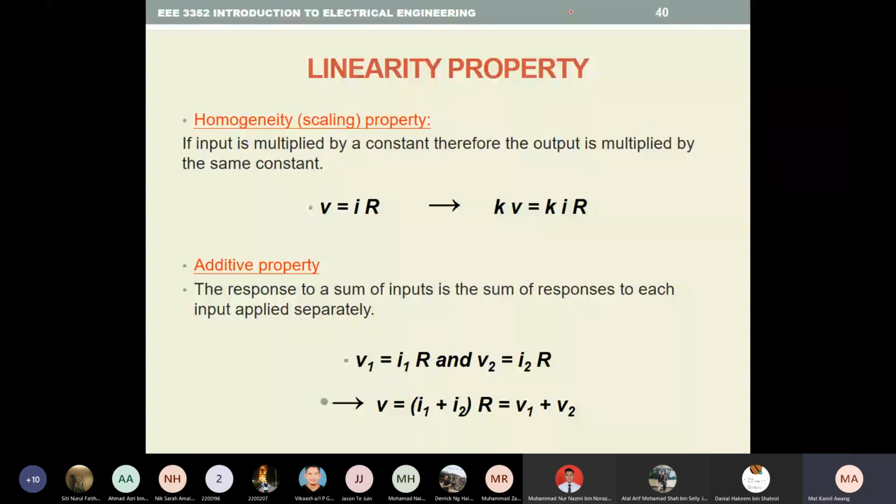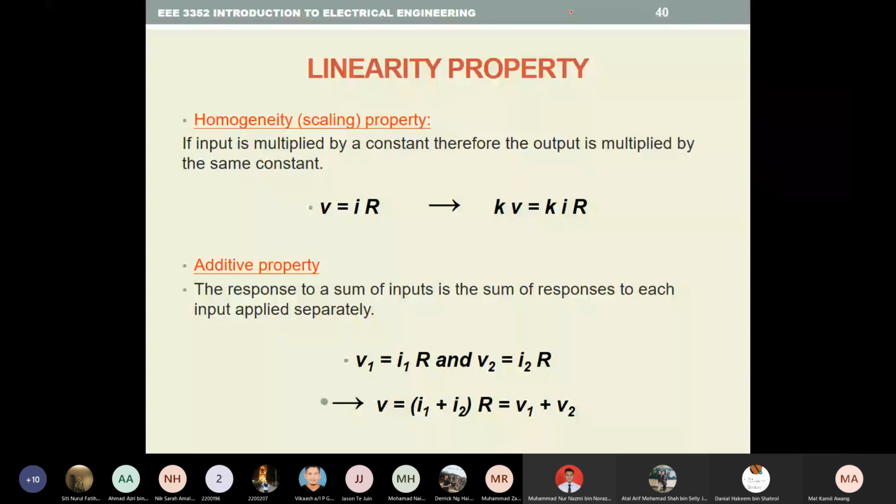Homogeneity, which is the scaling property: if an input is multiplied by a constant, the output is multiplied by the same constant. So V equals IR. If you multiply the input I by the factor K, so KIR, the output is also scaled by K, which is KV equals KIR.